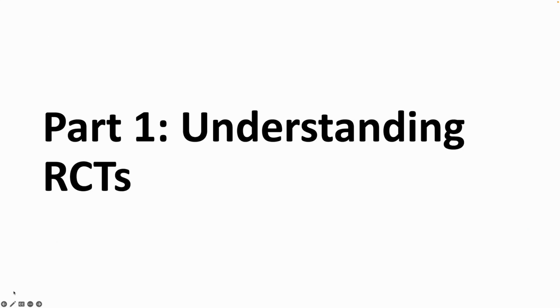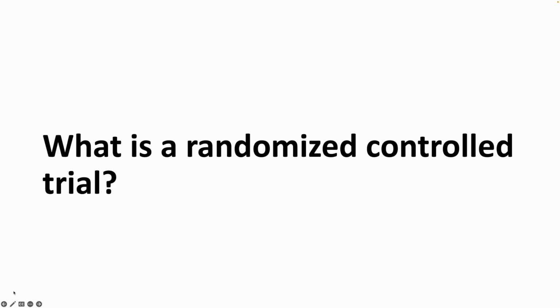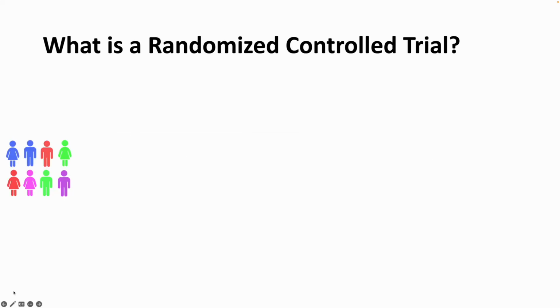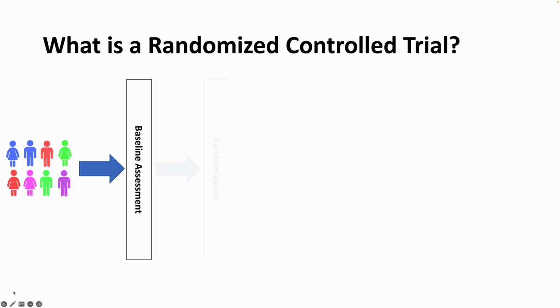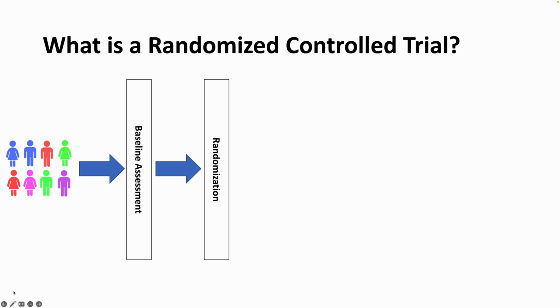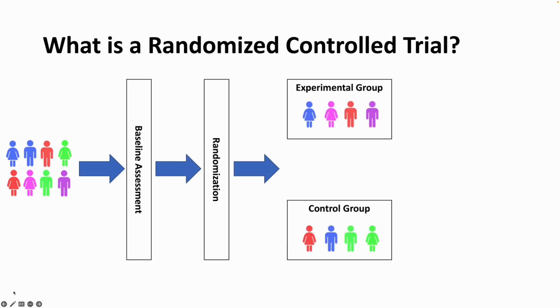Okay, so first, let's just briefly review what we've already talked about regarding what randomized controlled trials are. So first, what is a randomized controlled trial? Broadly speaking, a randomized controlled trial is wherein you take a sample of individuals in a population, you perform some sort of baseline assessment, you then randomize the population into one of two groups, an experimental group typically, and then a control group.